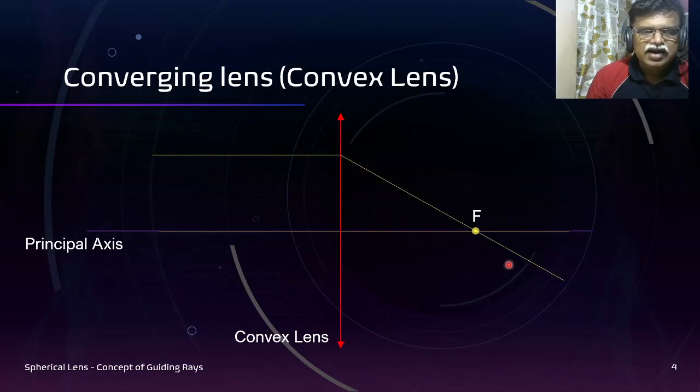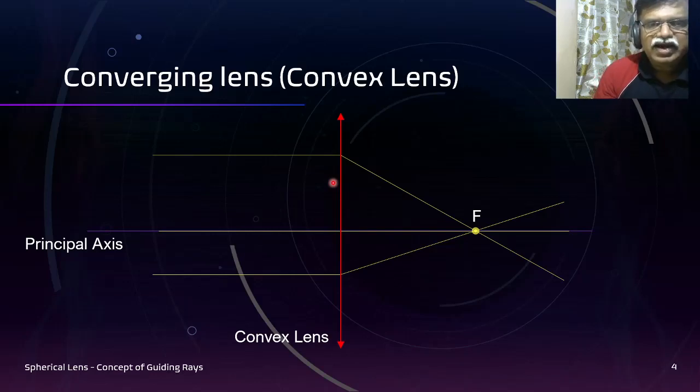Now we are considering another ray parallel to the principal axis, but incident at some distance from the center. After passing through the lens, it passes through the focus. You can similarly draw all sorts of different rays, the rays which are all parallel to the principal axis, after passing through the lens will deviate so that they will pass through the focus of the lens.